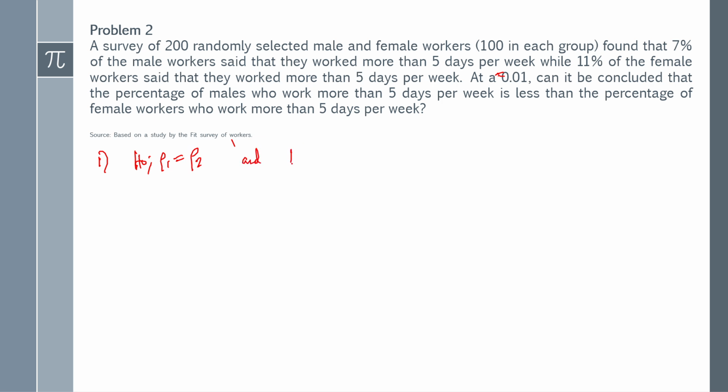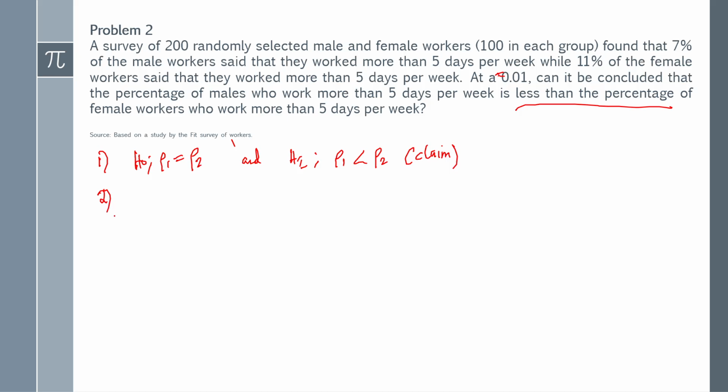And our H1, it's stated here: can it be concluded that the percentage of males who work 5 days per week is less than the percentage. So that means sample proportion 1 is less than sample proportion 2. And this would be our claim. Then after that one, we have to find the critical value.